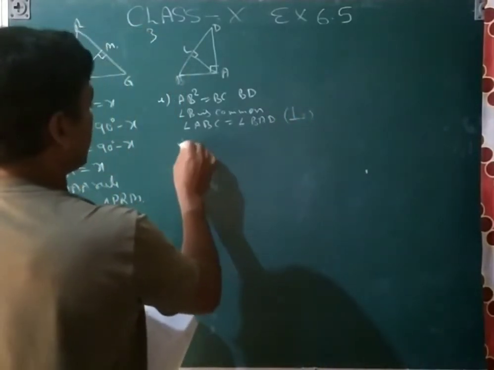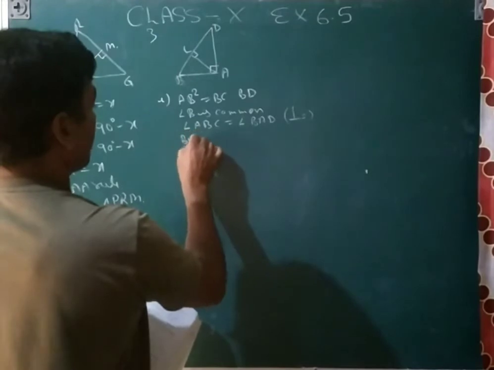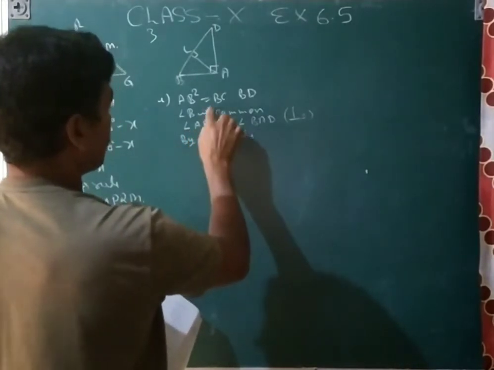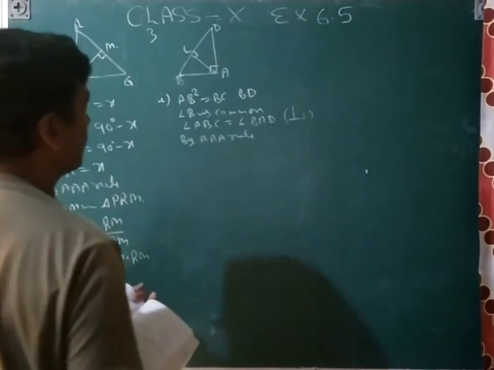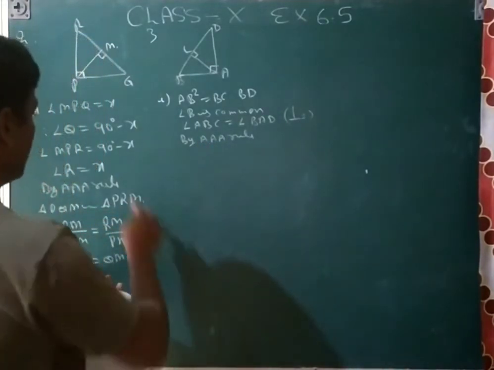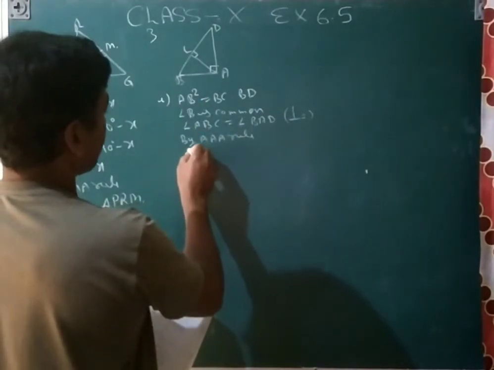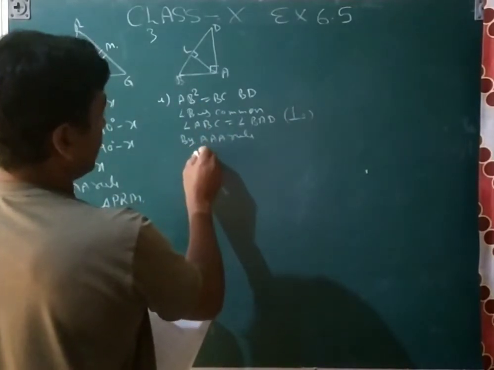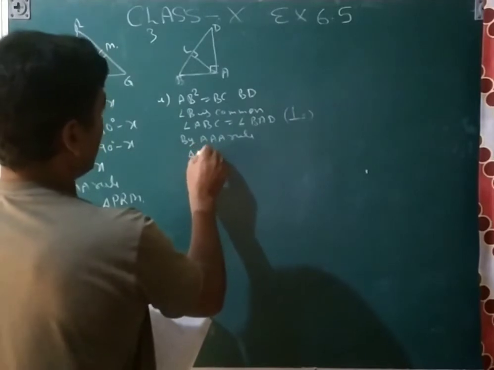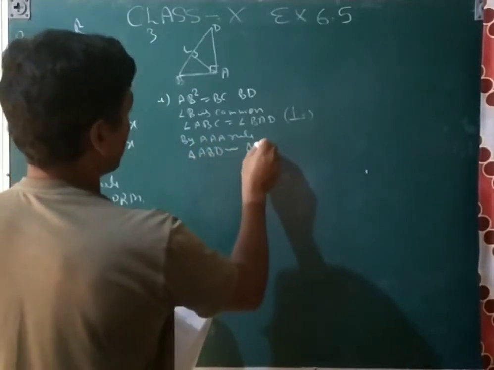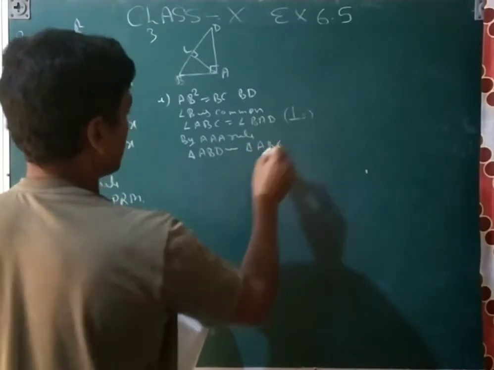So by AAA rule, because two angles are equal, the third angle also will be equal. It means, like the same previous question, triangle ABD is similar to triangle ABC.